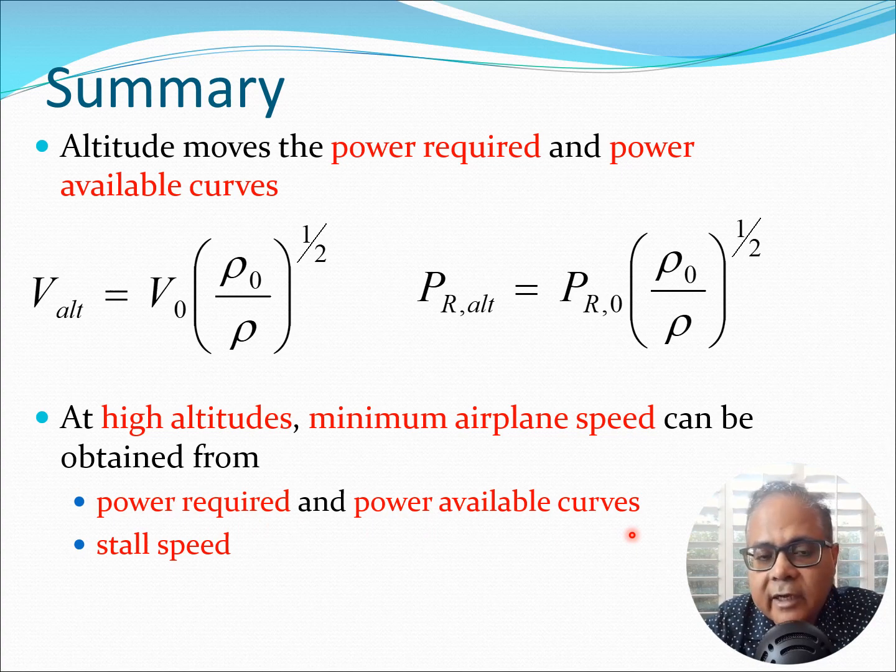Always keep in mind that you need to check whether the minimum speed is being dictated by stall or by the available power, because this keeps shifting. Both the power required and power available curves keep shifting depending on the density of air, which depends on the height at which you are flying.